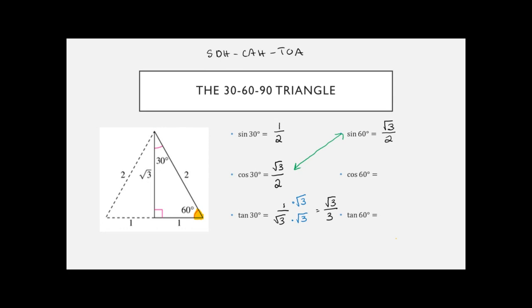So cosine is adjacent, which is 1, and then our hypotenuse is 2. So you can see that the cosine of 60 degrees is equal to the sine of 30 degrees. So sine and cosine here are exactly the same if the angles are complementary. They add up to 90 degrees. So sine of 30 is the same as cosine of 60. 30 plus 60 is 90.